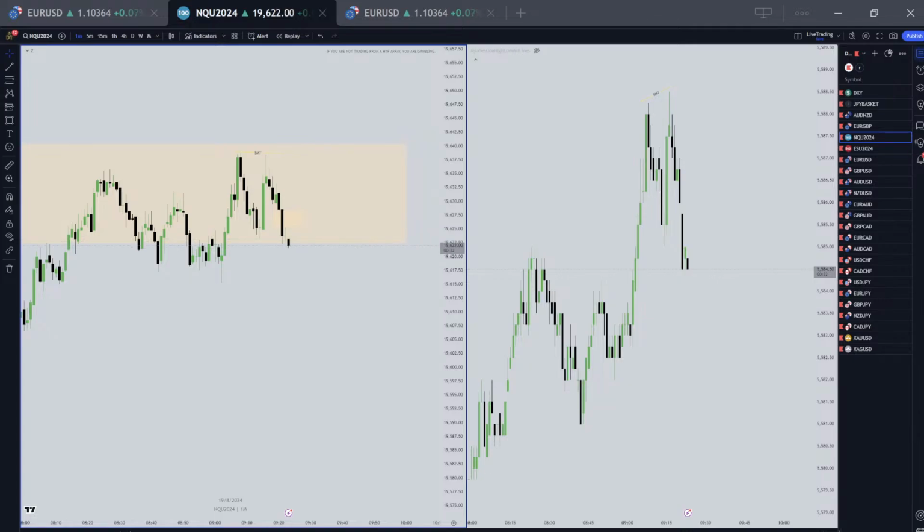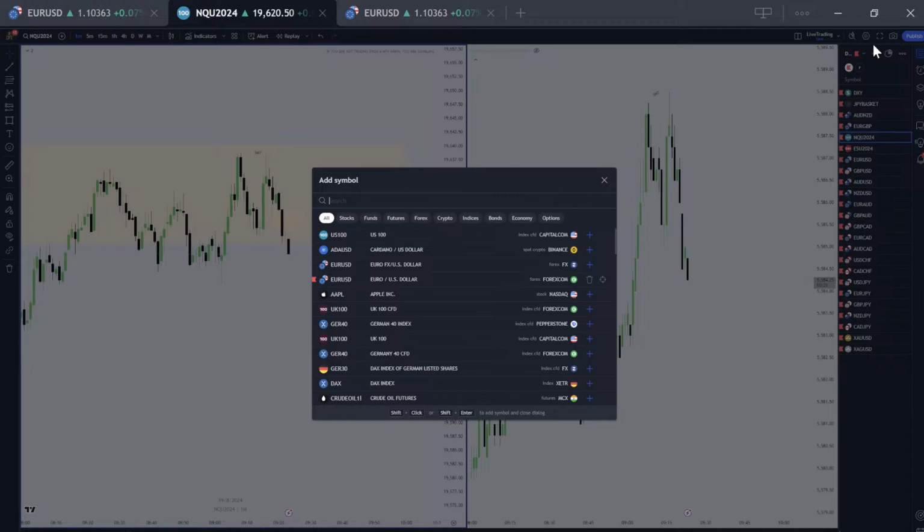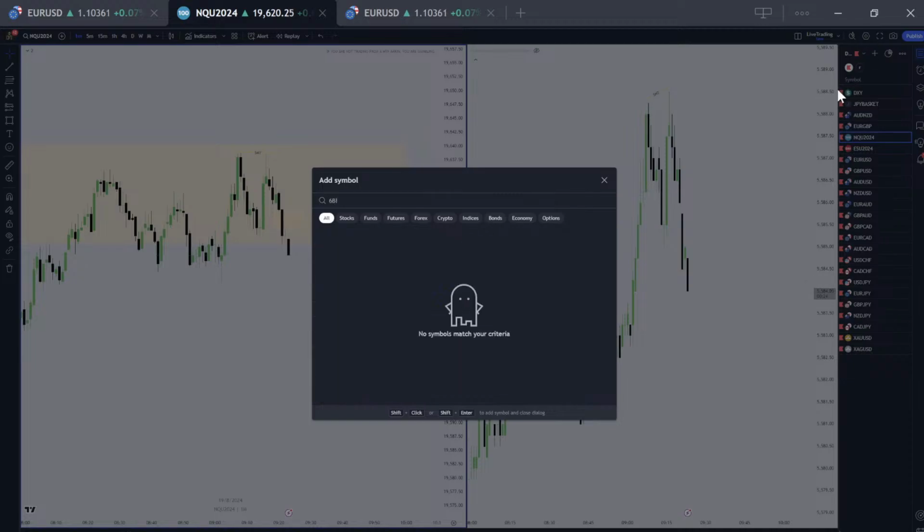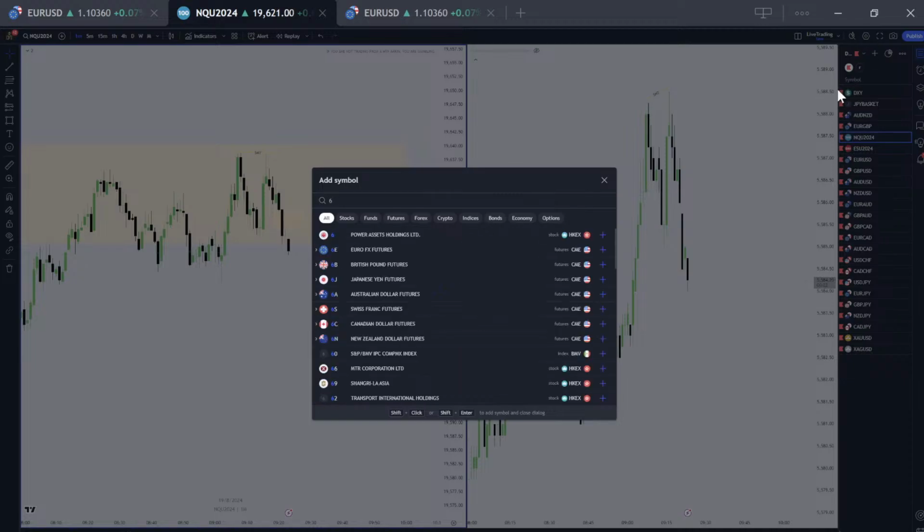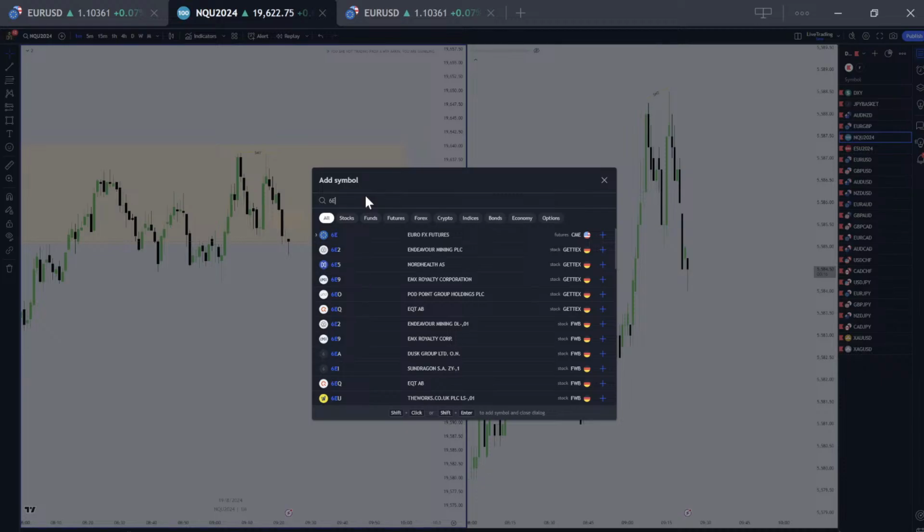In order to trade Forex futures, do I need to get market data for it? I don't think you need. What's the... I forgot the futures. 6B? Yeah, so here, British Pound futures, 6B. I think 6E. Is it 6J?